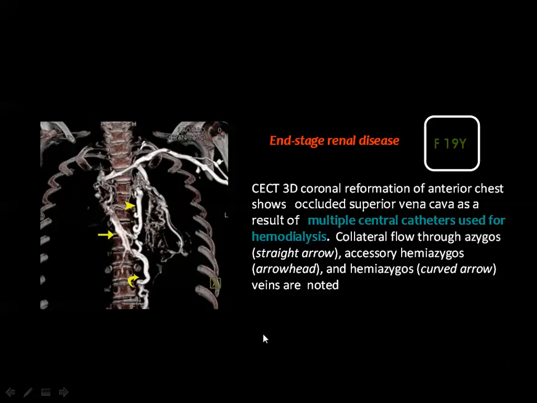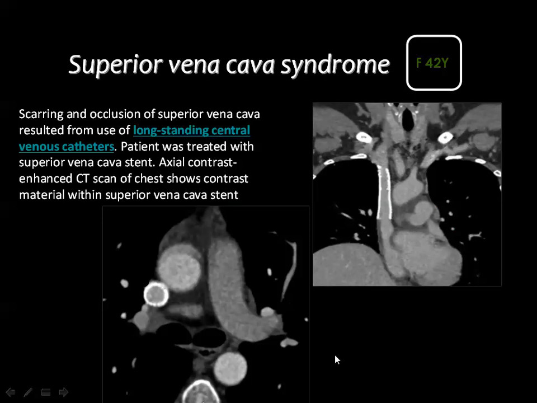And the catheters are known in patients with renal failure for hemodialysis, and this is a case of end-stage renal disease with multiple central catheters used for hemodialysis resulted in total occlusion of the superior vena cava and multiple markedly dilated collateral venous channels in the mediastinum.